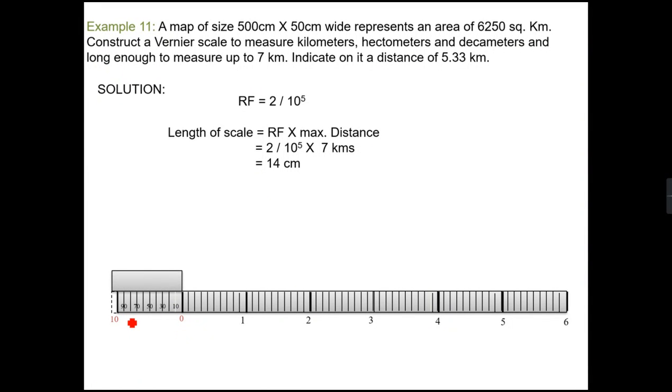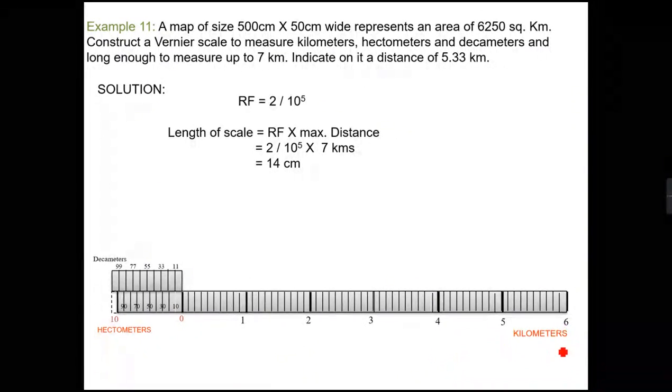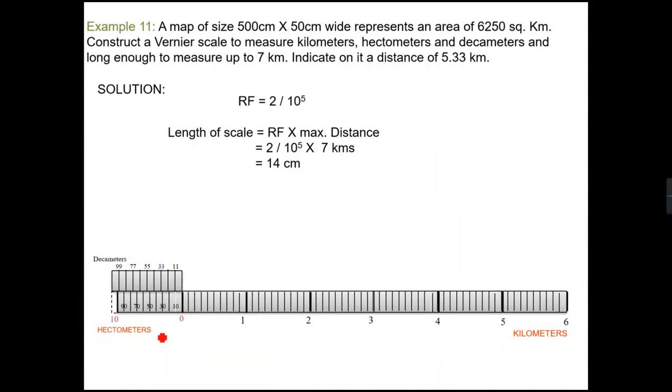Then we are going to make the backward vernier scale here. So here the unit is kilometer. This is your hectometer.